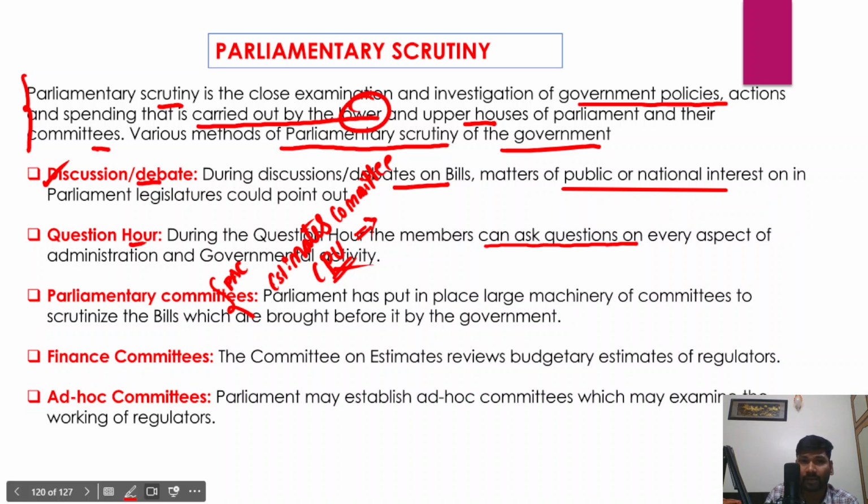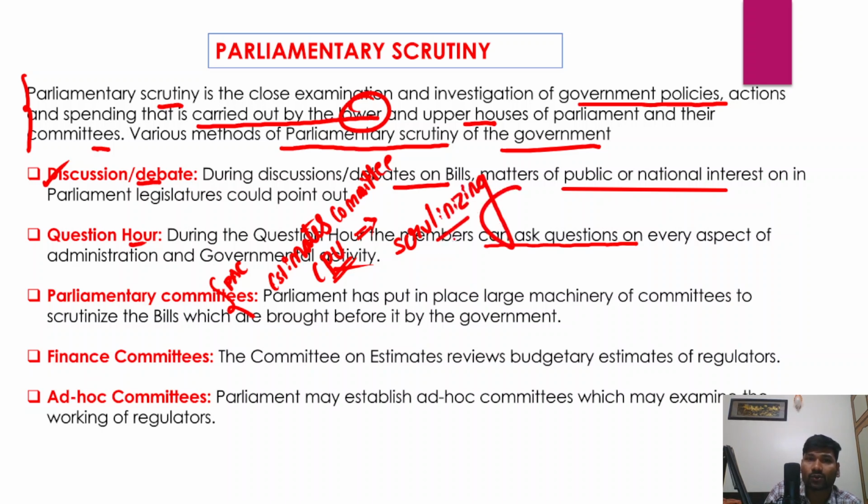in the parliament. These committees also play a very important role in scrutinizing various bills which are introduced in the parliament. After scrutinizing those bills, they also suggest recommendations to the respective bills, right?